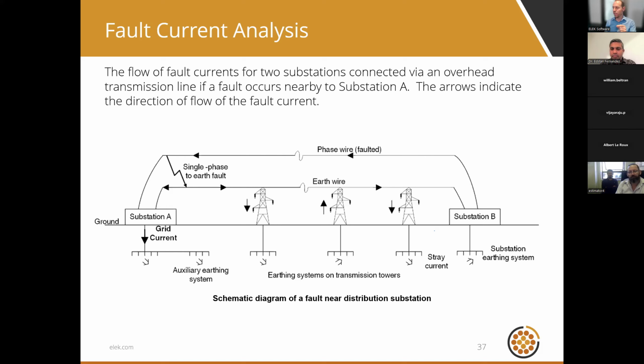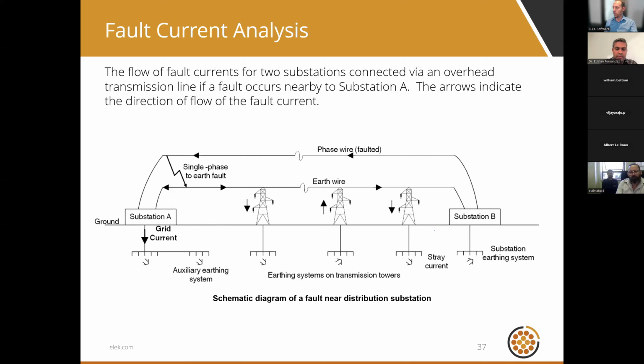But if we look at the system and the earth return paths of the system, depending on the feeders, depending on how the fault current is being supplied, whether that's through overhead lines or cable systems, not all of that prospective earth fault current level will enter our earthing system.